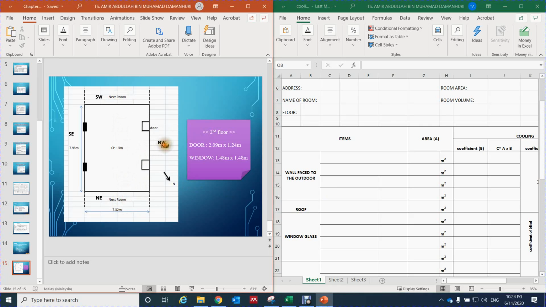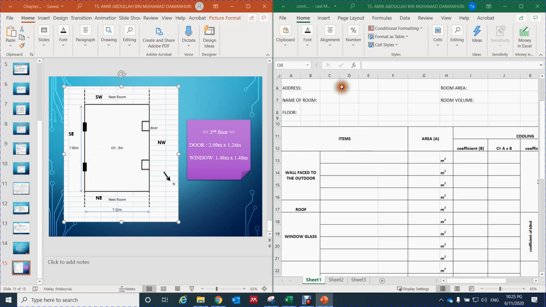On the northwest side we have the door, and of course this side is the corridor, inside the building, so people cannot enter from the outside. So this will be a partition, or a wall that is not facing the outdoor. We have only one wall facing the outdoor here.